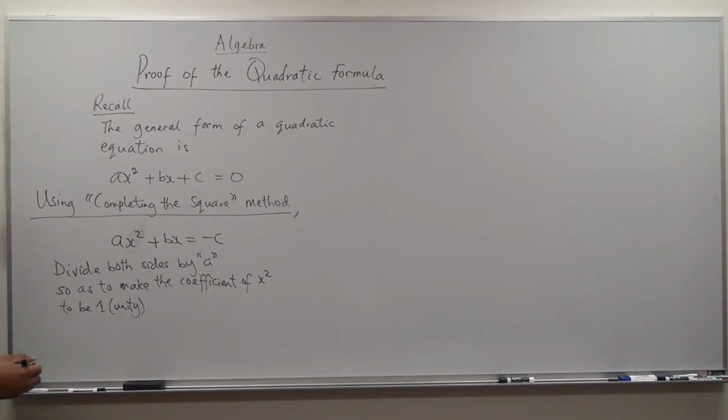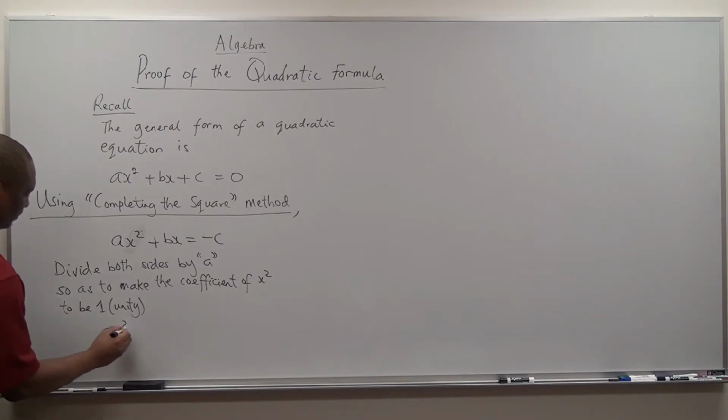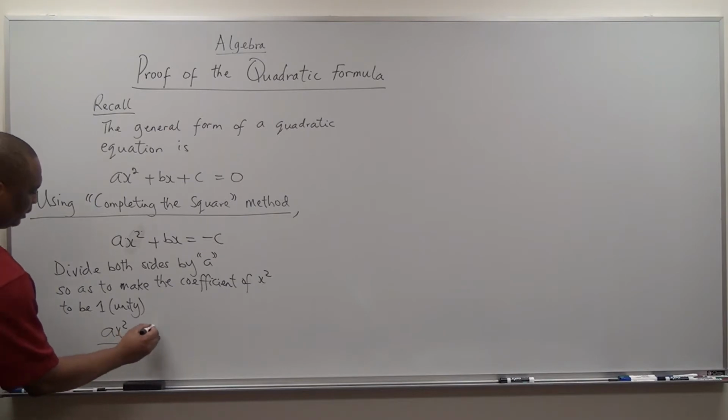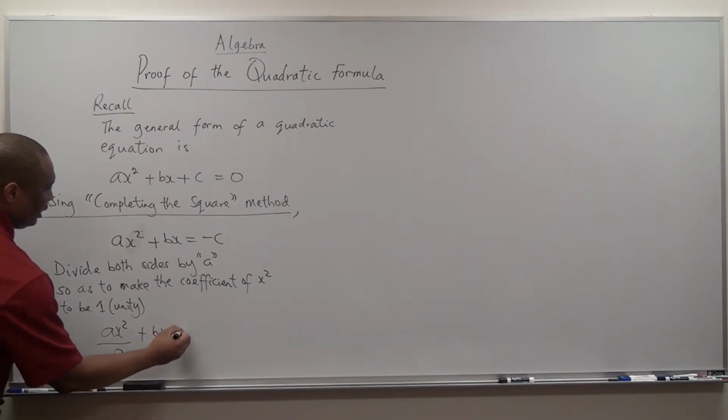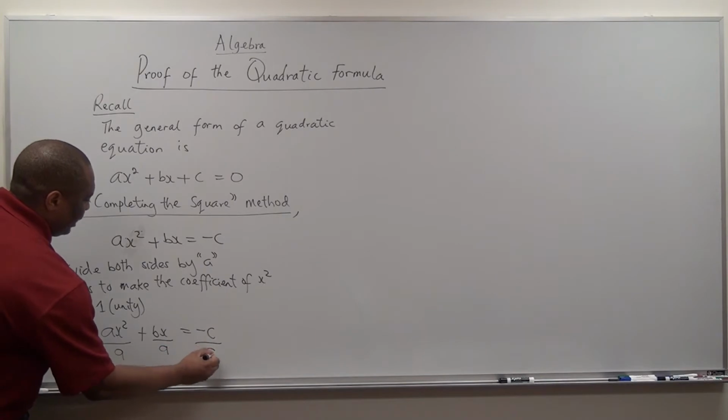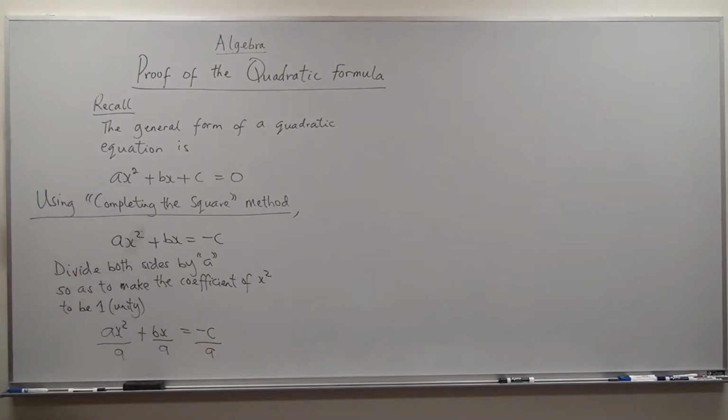So we have ax squared divided by a plus bx divided by a equal to negative c divided by a. That's what we got.